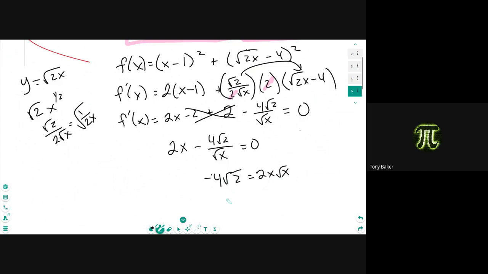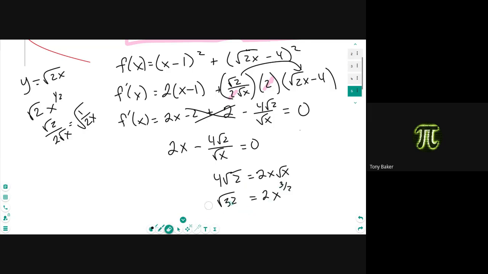So I've got, oh, take care of the negative sign because I moved it over to the other side. So I have 4 squared would be 16 square root of 32 equals 2x to the 3 halves.